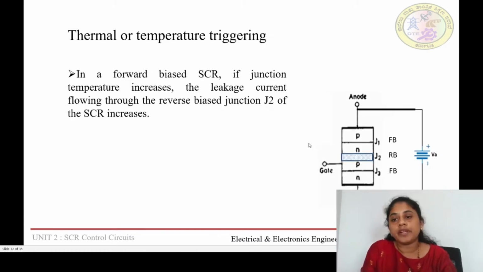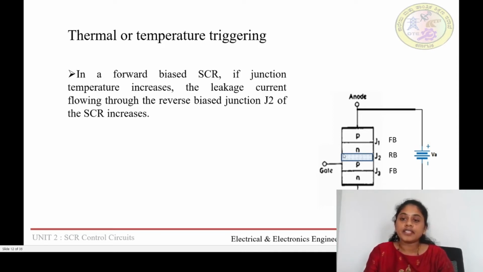In thermal or temperature triggering, we take a forward biased SCR. In a forward biased SCR, as already known, junctions J1 and J3 will be forward biased and J2 will be reverse biased as usual. Here, as the junction temperature increases, there will be an increase in the charge carriers at junction J2.